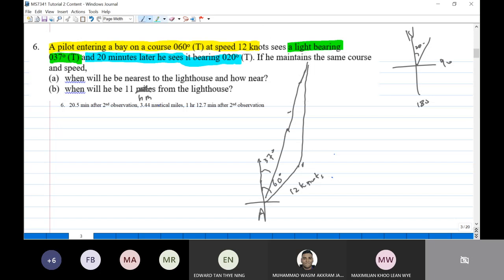This is called point C here, 20 degrees here. This is 20 degrees now. This is 20 minutes later, right?